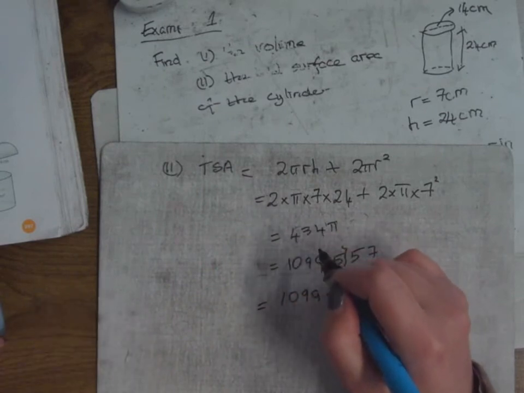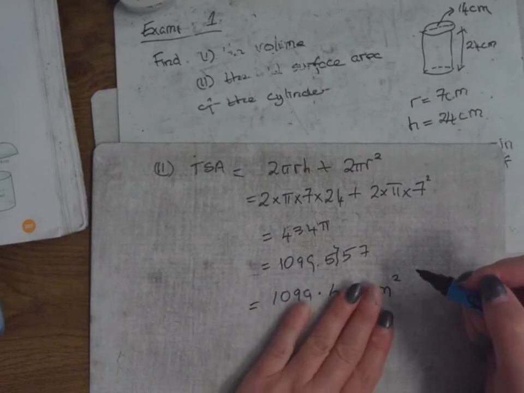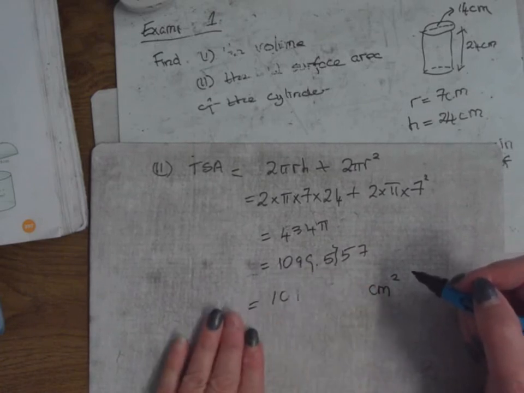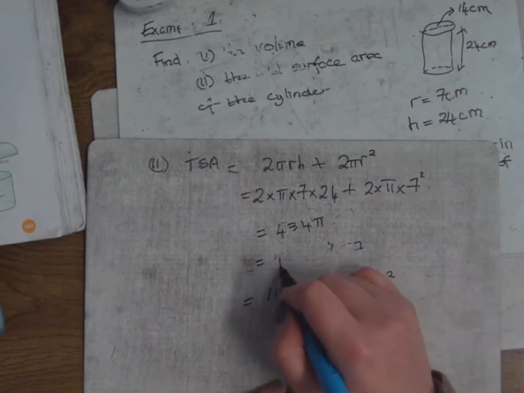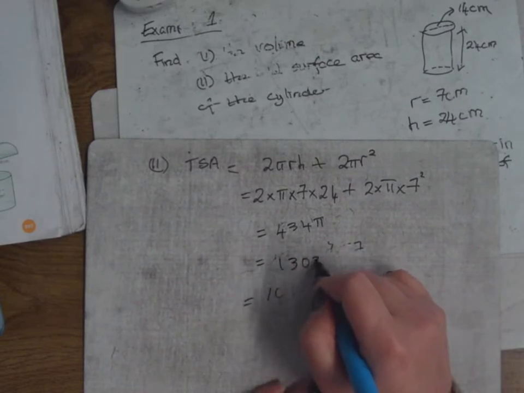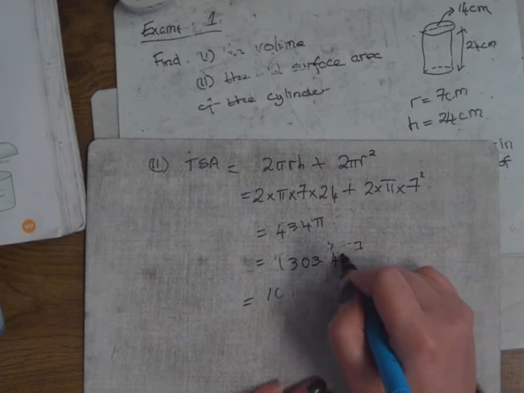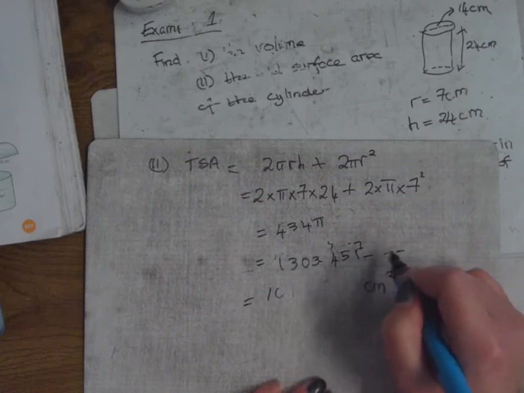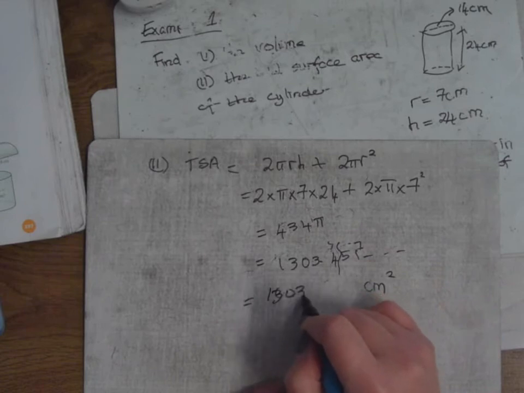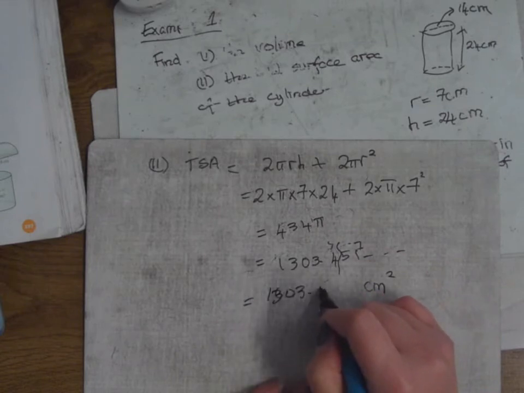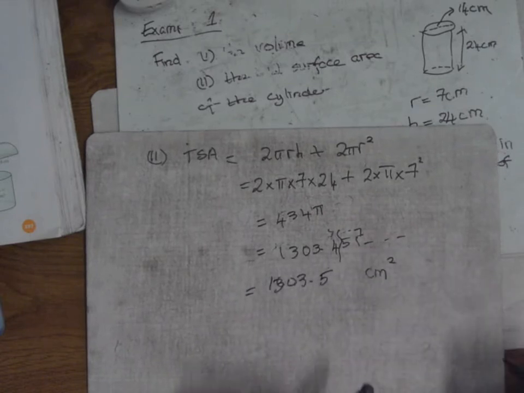And then press S to D and it's 1303.45, so rounded that's 1303.5, and that's cm squared because it's area.